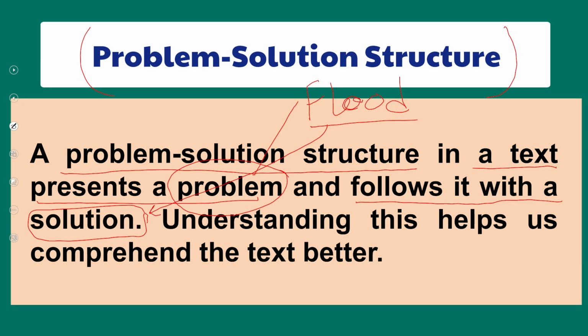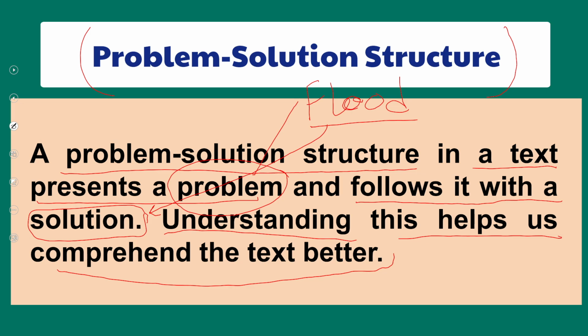The problem solution structure is very common in texts, and by understanding this structure we can read the text in a more appropriate way and understand it in a more compact way. Understanding this helps us to comprehend the text in a better way.